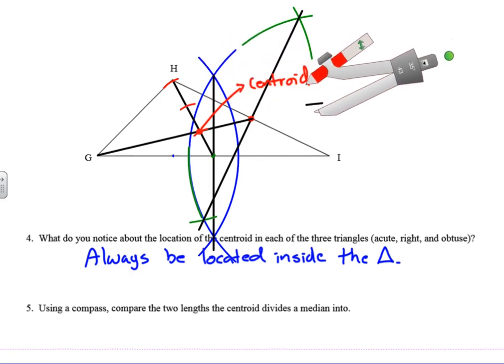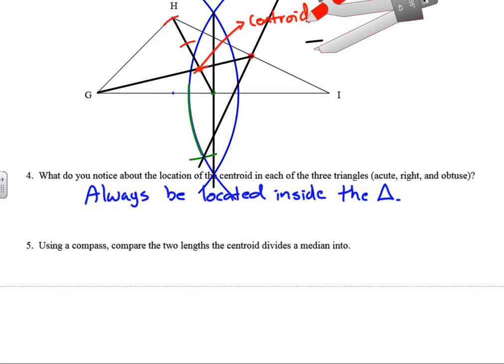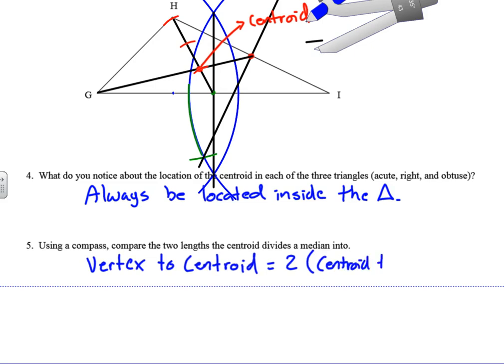Okay, so here's what we notice. The distance from the vertex to the centroid equals 2 times the distance from the centroid to the midpoint. So it's double the length, and that's a key relationship.